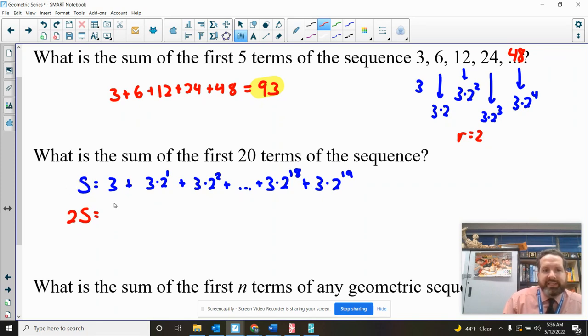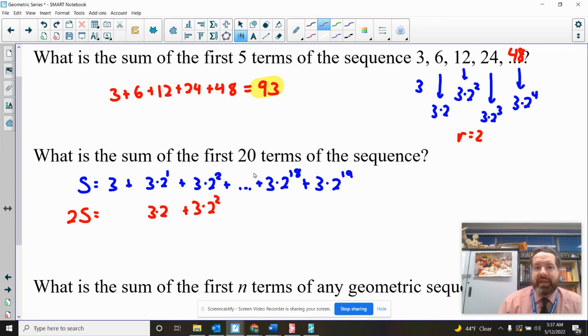So multiply by 2 on this side, and now multiply by 2 on this side. So this first 3 now becomes 3 times 2. And just to be consistent here, I'm going to line it up under this 3 times 2. This term becomes 3 times 2 to the second because we're multiplying by another 2. I'm going to line it up under that 3 times 2 to the second.